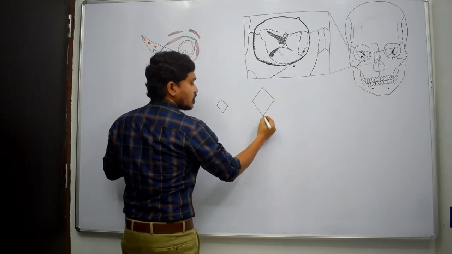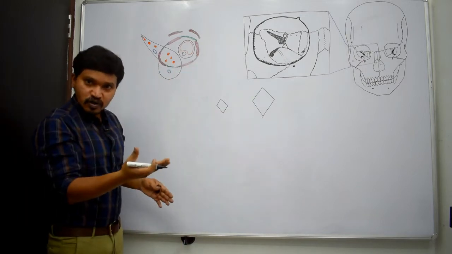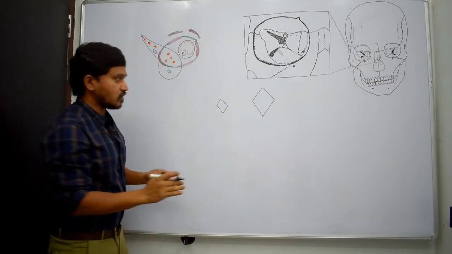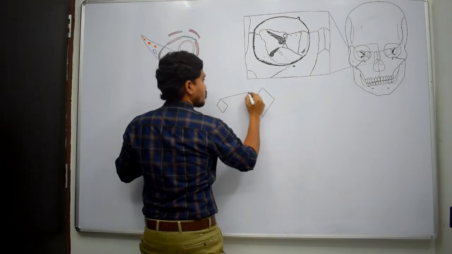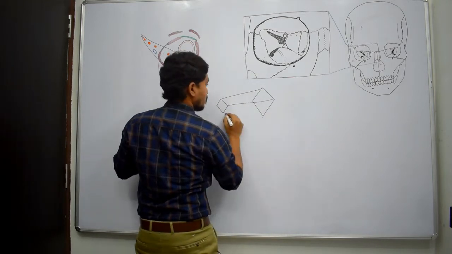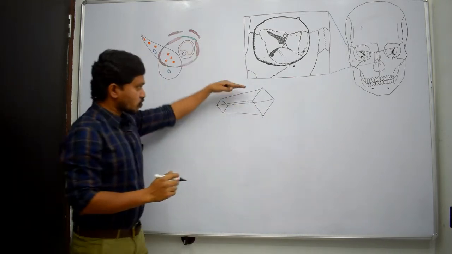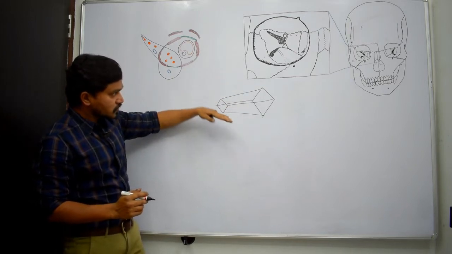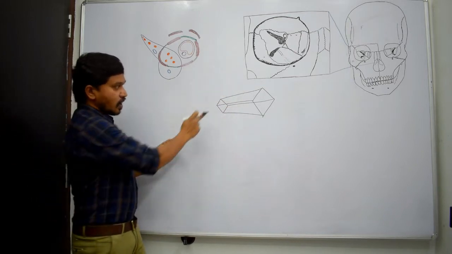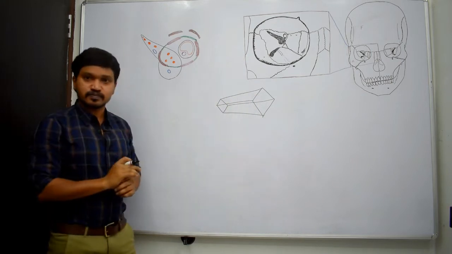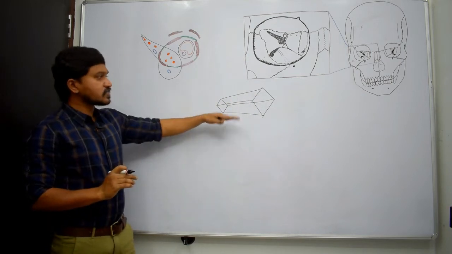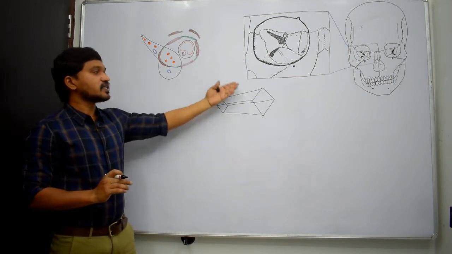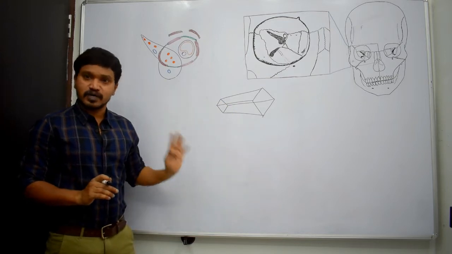It will have the roof, floor, medial wall, lateral wall, apex and base. Now we will see which bones form the different walls of the bony orbit.